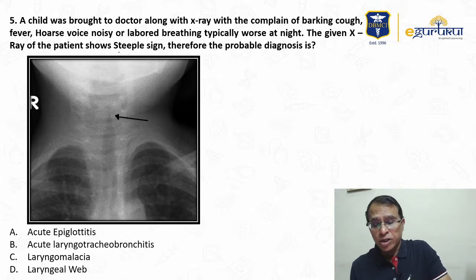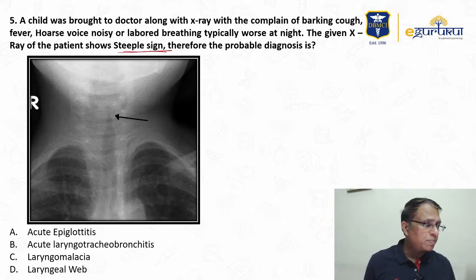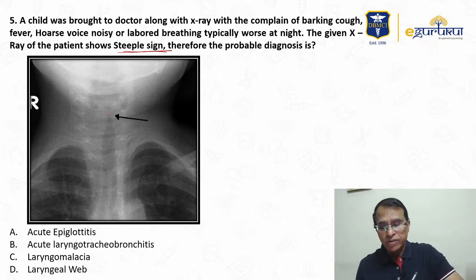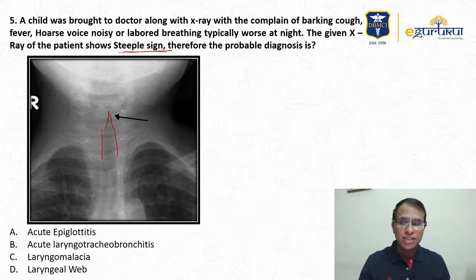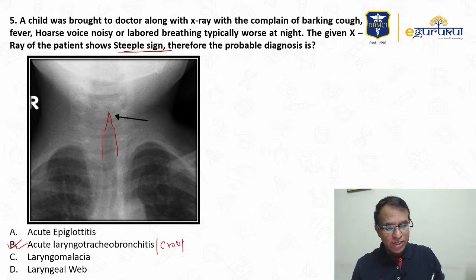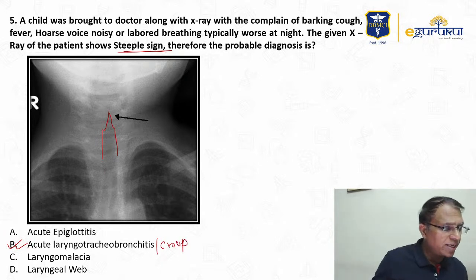They have already told you it is steeple sign, and we all know that steeple sign, even if you cannot identify the X-ray, where you can see there is a narrowing of the airway at the top, like this, which is called the steeple sign, also called pencil tip sign, is a feature of acute laryngotracheobronchitis, which is also called croup. So very simple. I think 100% of you will get it right.